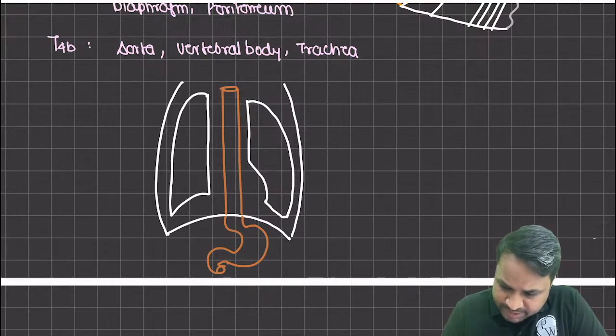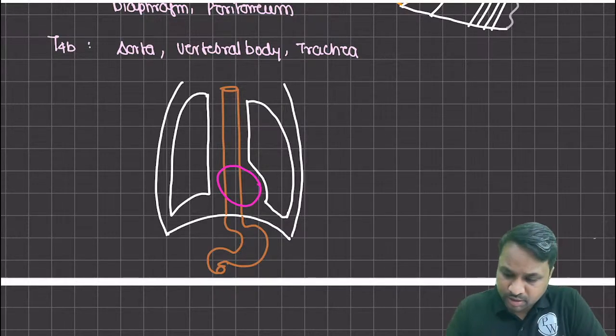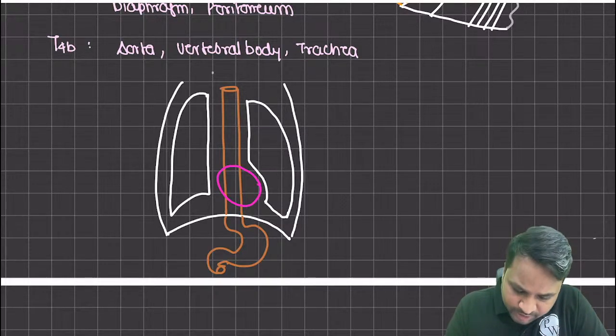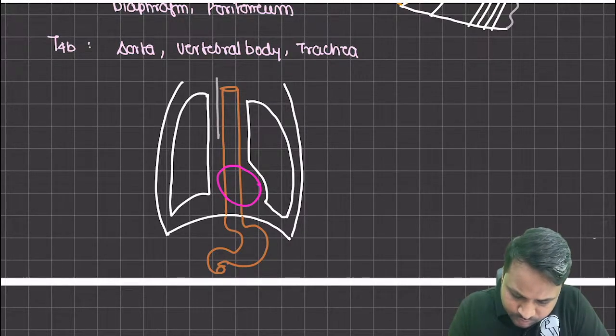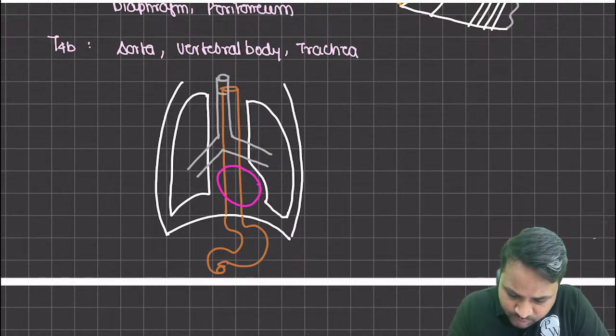Let's say this happens to be the mediastinum, or the pericardium that we're going to talk about. Just behind or anterior to this, you have the trachea. This is the orientation of the trachea that we are going to keep across.